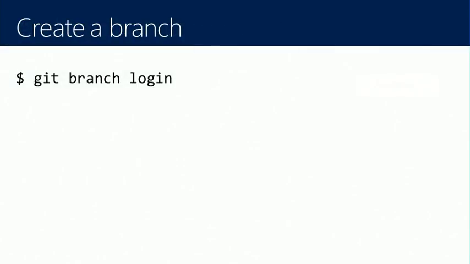Okay. So at this point, maybe we want to create a branch. Maybe it's a feature branch or a topic branch that we want to create the login feature. Okay? So we can do this with the simple command git branch followed by the name of the branch that we want to create.